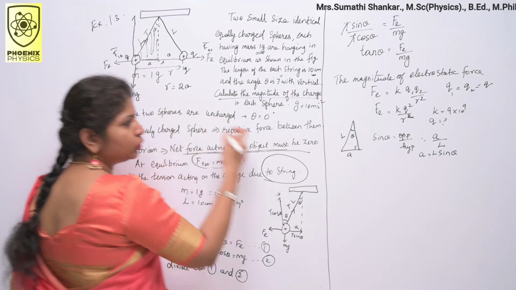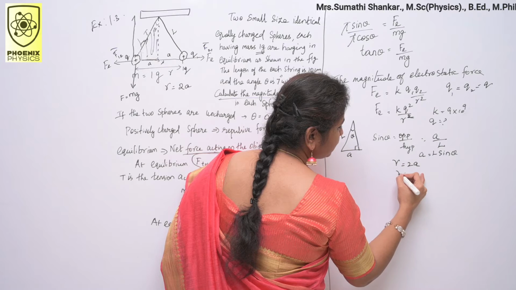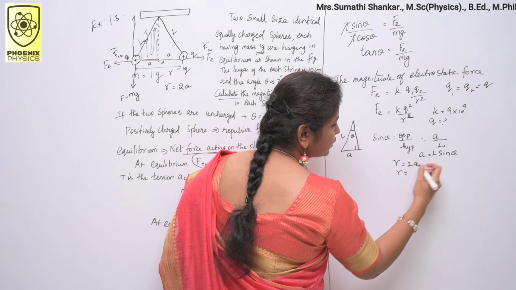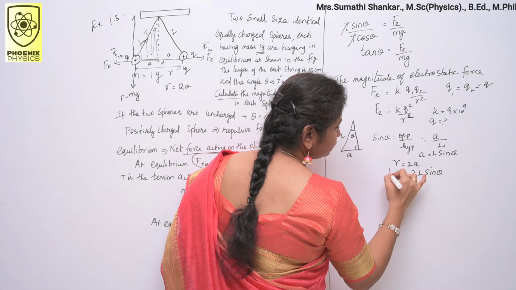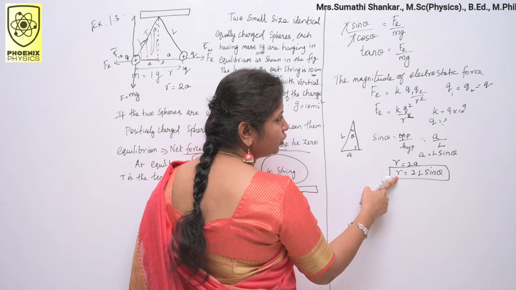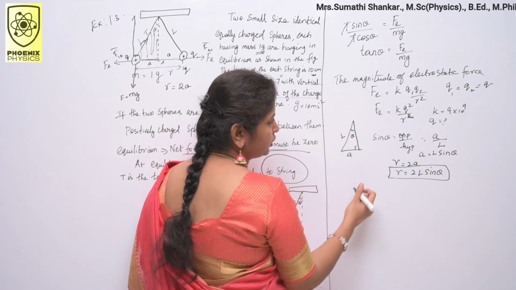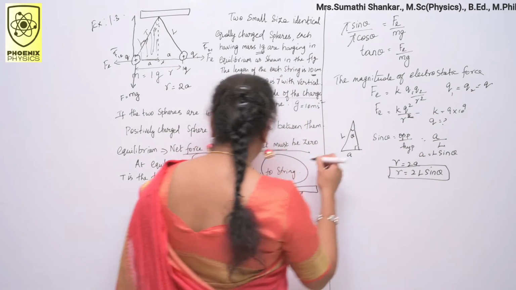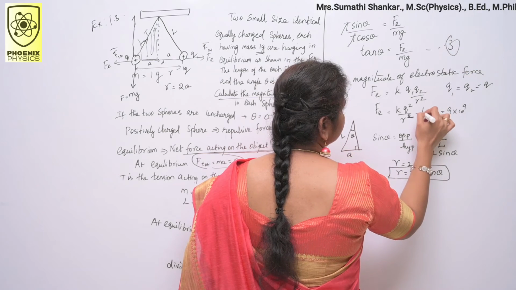R is equal to 2a. So r is equal to 2 L sine theta. So we found out the r value and the k value. Just substitute in this equation. Say this is equation 4.